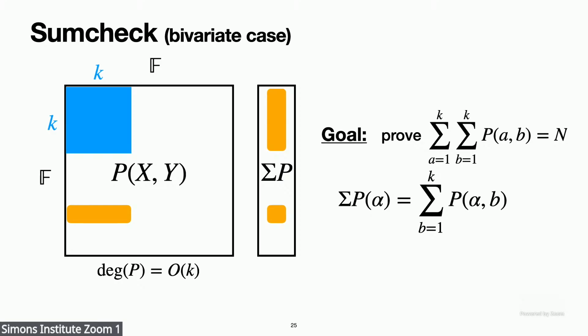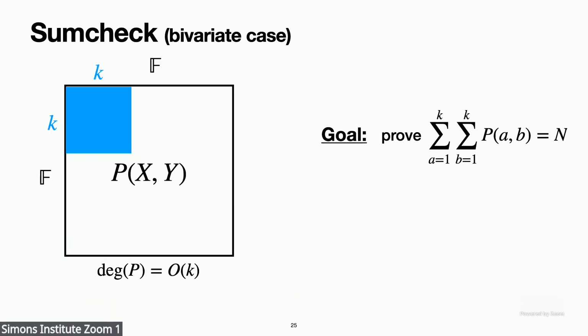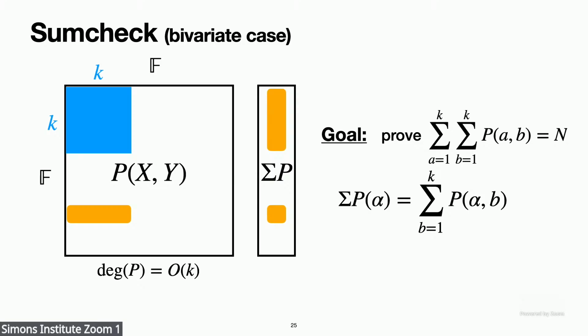So this is saving queries, because in order to compute this myself, I would need to make K squared queries, and now I only need to make K. So at least we're doing something non-trivial, even if it's not such a big gap.